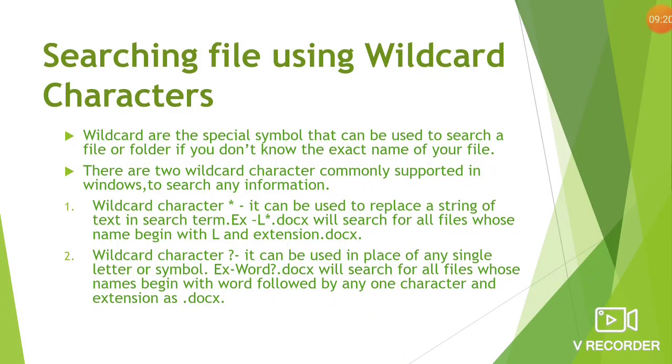For this we will use the wildcard character. What is a wildcard character? Wildcard characters are special symbols that can be used to search a file or folder if you do not know the exact name of your file. It means if you do not know the exact name of your file, wildcards help you to search your file and folder.